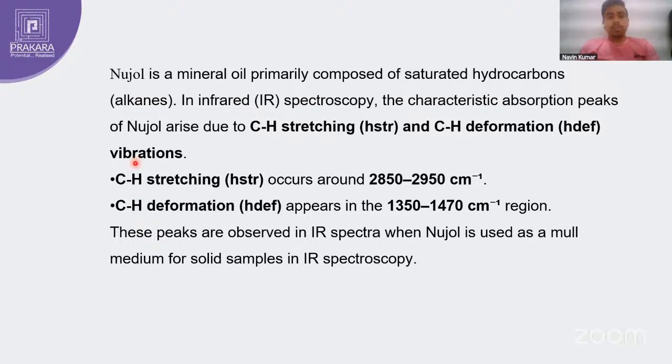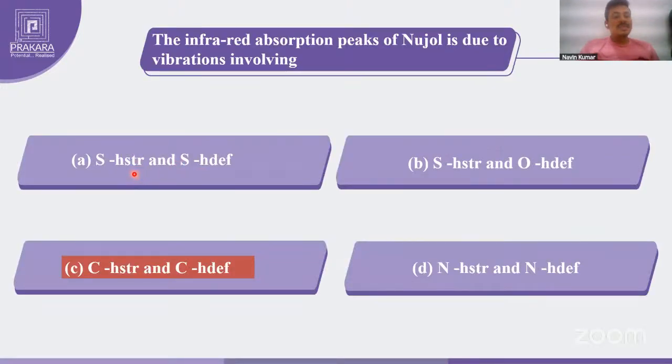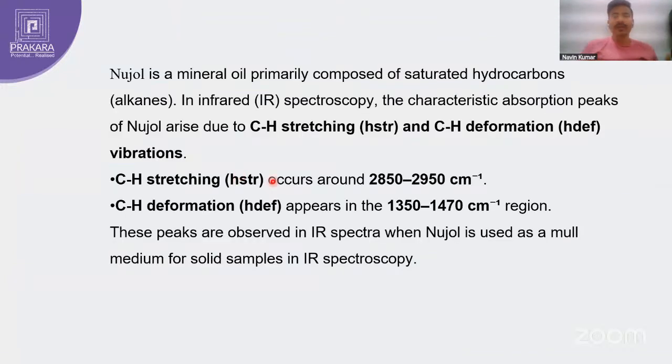Also, you need to remember the meaning of STR and the meaning of DF. Basically, STR is the shortcut for stretching and DF is deformation. So we are going to see what these terms are and how they arise. In IR spectroscopy, there are different kinds of vibration.